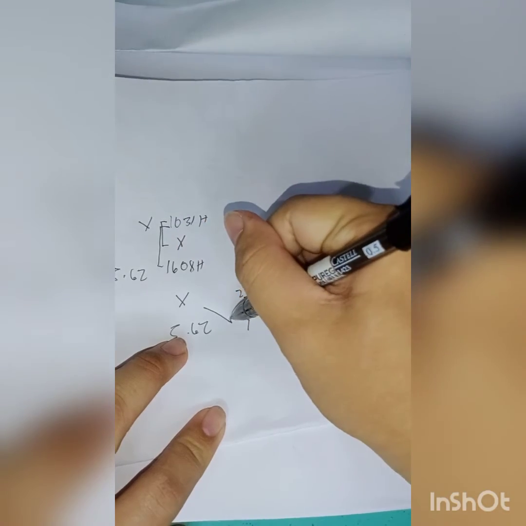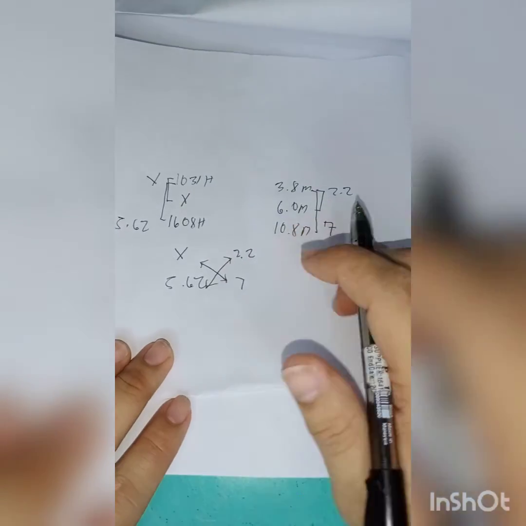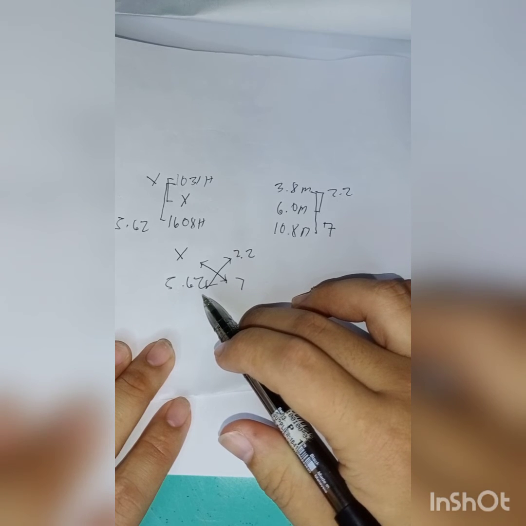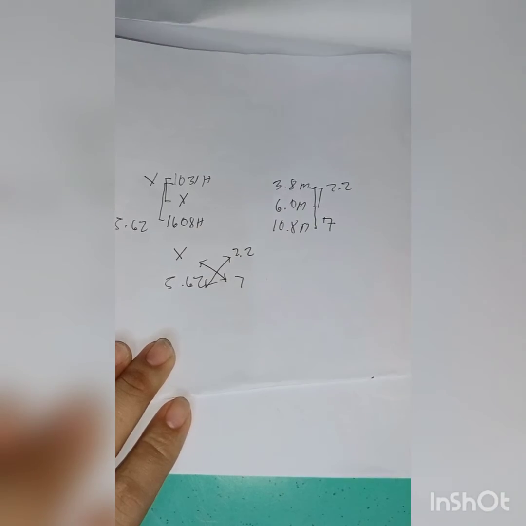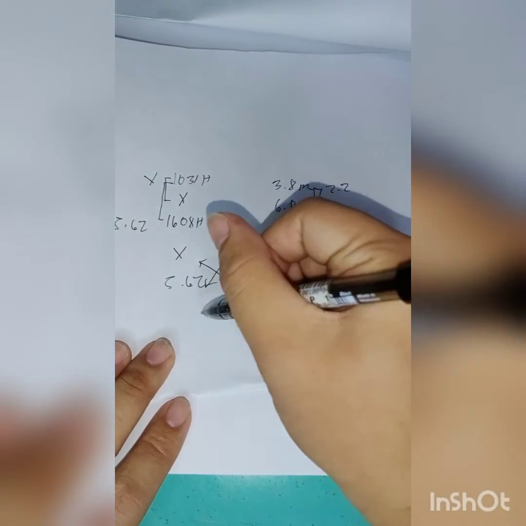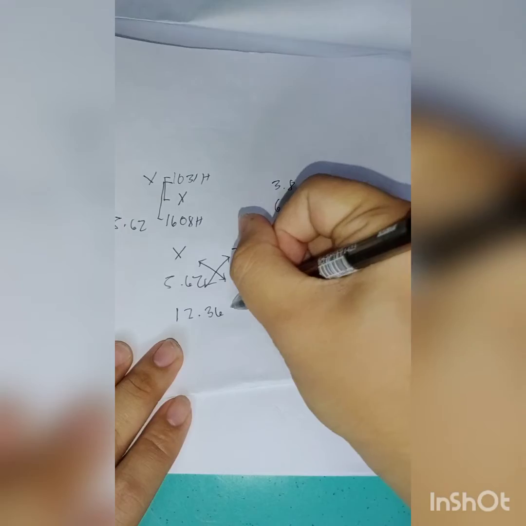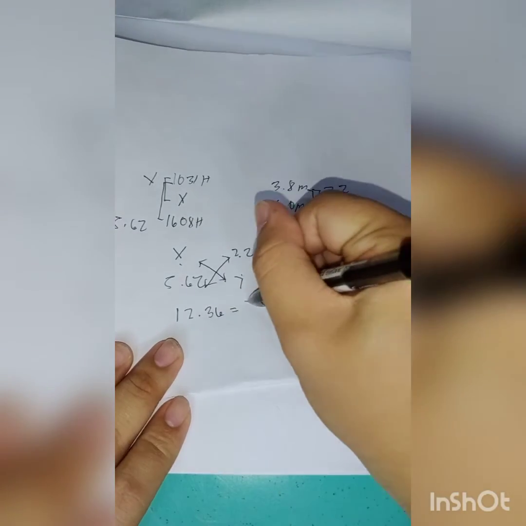We need to cross multiply. 5.62 times 2.2, the answer is 12.36. And 7 times x equals 7x.